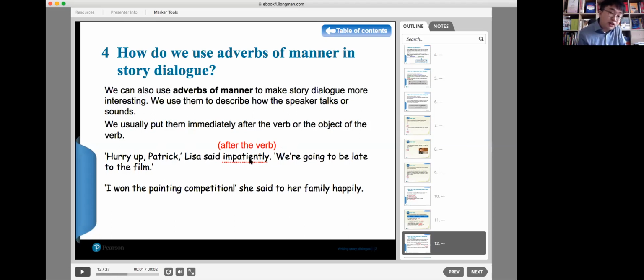Remember the meaning of impatient? Patient, okay? Next one, here. Second example. I won the painting competition, she said to her family happily. We put this adverb after the object of the verb.